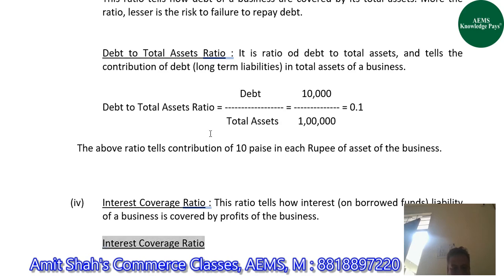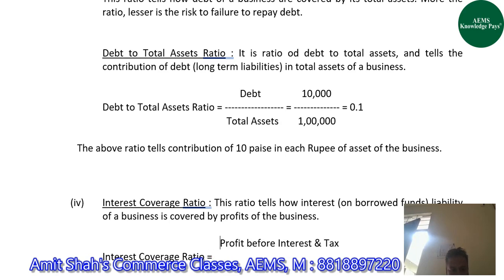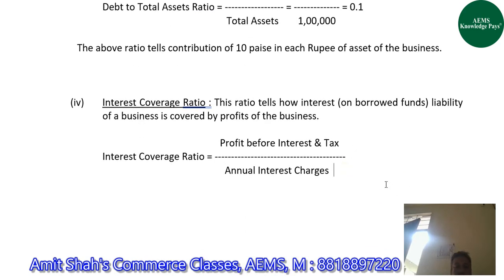So the interest coverage ratio is calculated, guys, as profit before interest and tax upon annual interest charges. Suppose profits of a business before interest and tax are rupees 12,000, and the annual interest liability of the business is rupees 3,000.